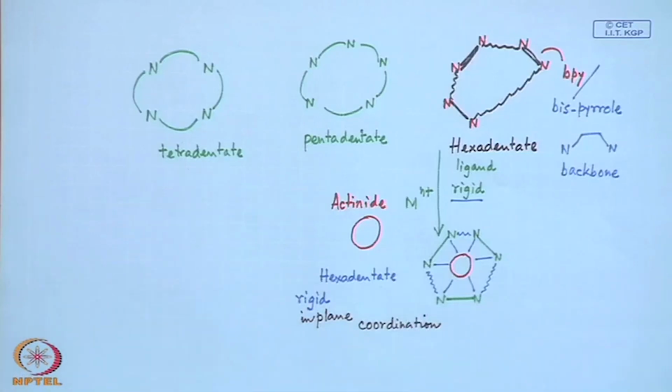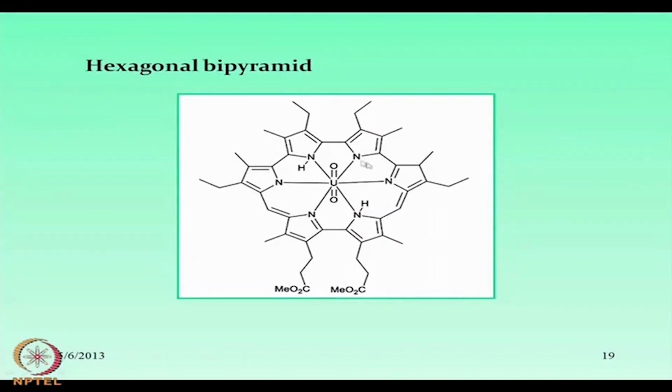So now if we can get one group above this particular plane, this is our corresponding rigid hexadentate coordination through all these 6 nitrogen atoms of the bispyrrole unit. And if we have the uranyl oxo group above the plane and another below the plane, we get the corresponding hexagonal bipyramidal geometry, which is nicely achieved for a coordination number of 8.